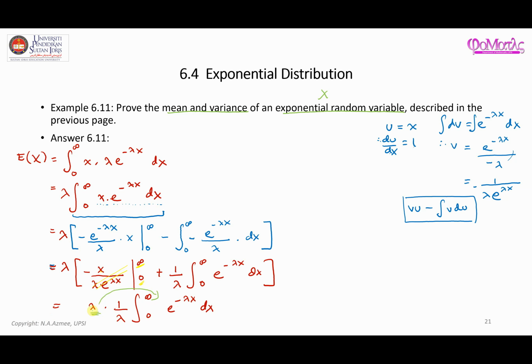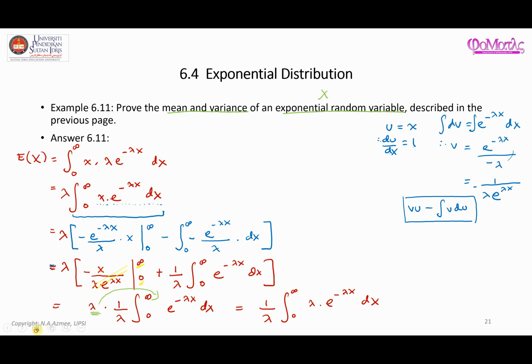You can take it out of the integral or put it in, so it doesn't matter. I'm going to put this λ inside, so it's going to look like this: 1 over λ, integral from 0 to infinity of λ e^(-λx) dx.